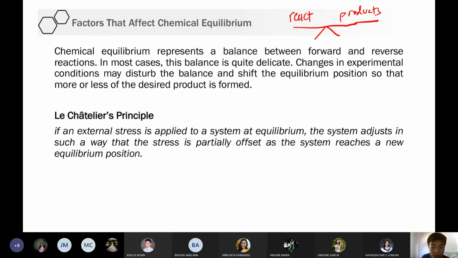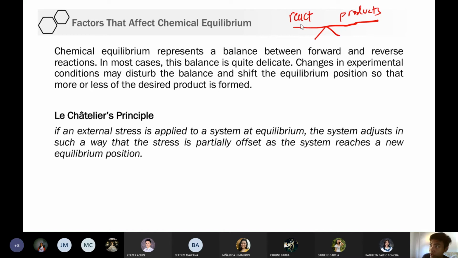So the reaction has to go either to the reactant or to the product side in order to reestablish the balance. Suppose I added too much product, then for this seesaw to be balanced out, some of the products have to be converted back to reactants.